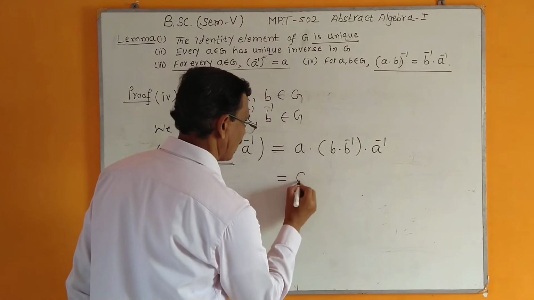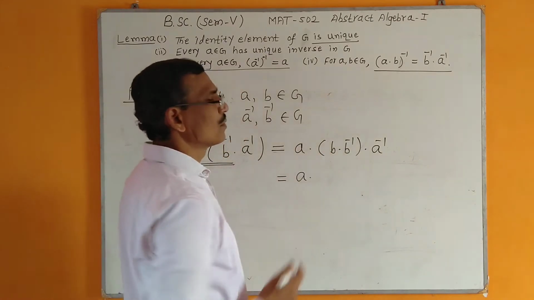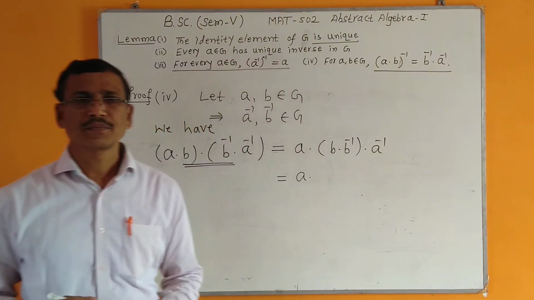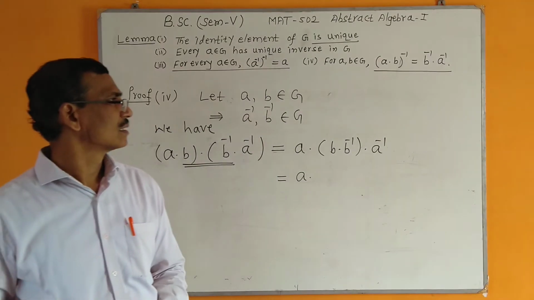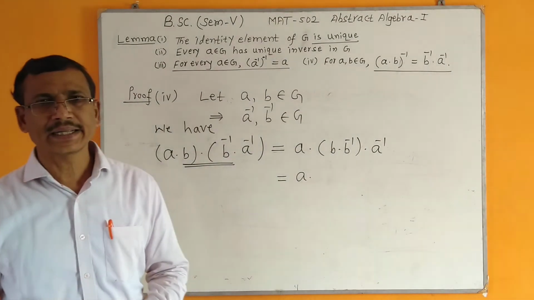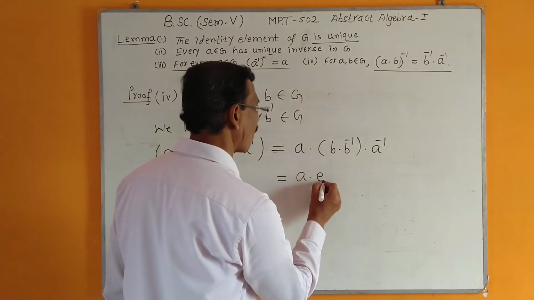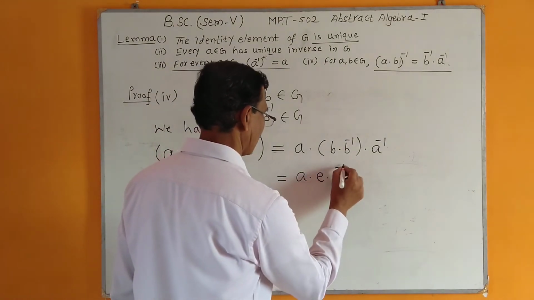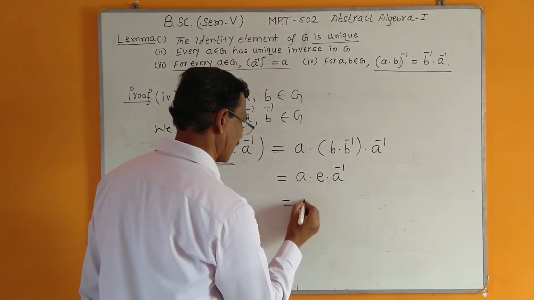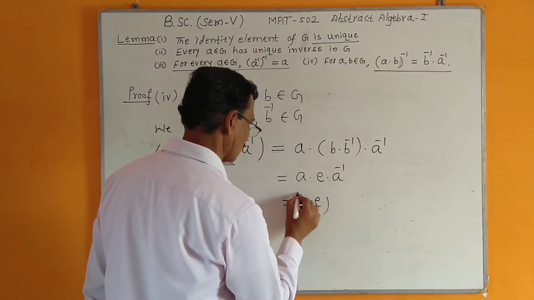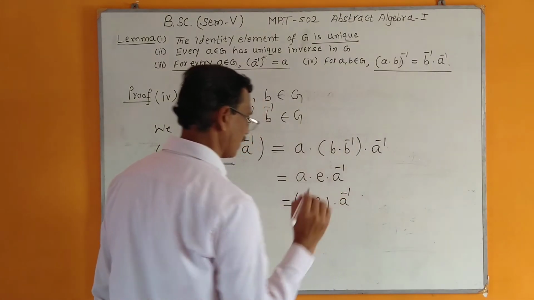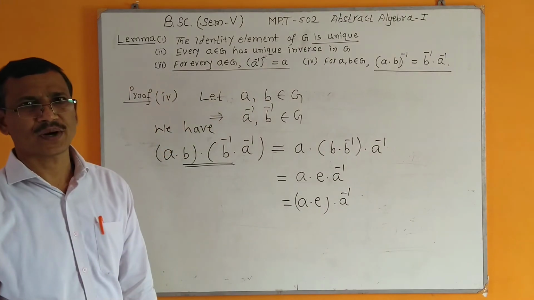Then A dot, now here B and B inverse, their product is the identity element because they are inverses of each other, and therefore this is A dot E dot A inverse, or it can be written as A dot E dot A inverse by the associative property.